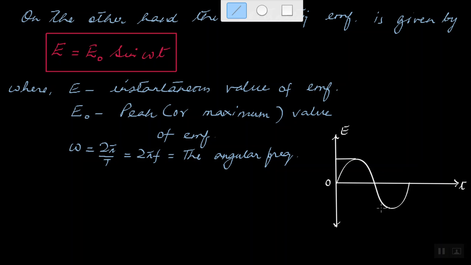Okay, and similarly here, this is the peak value of the EMF. So basically, this will be plus E naught, and this will be minus E naught. From here till here, this is called one cycle, and the time it takes is capital T, called the time period. So basically, at this point, this will be half of the time period.